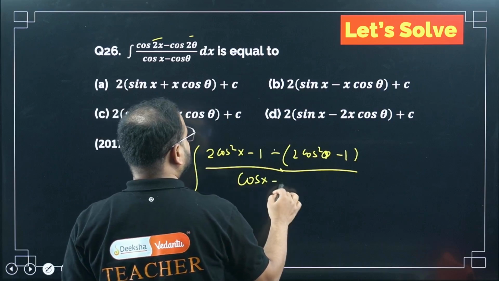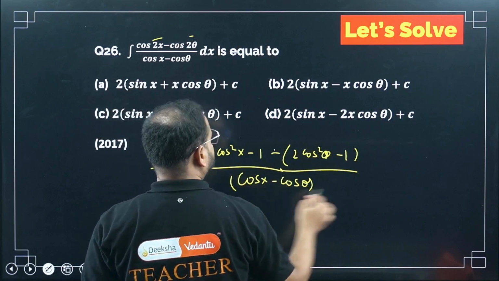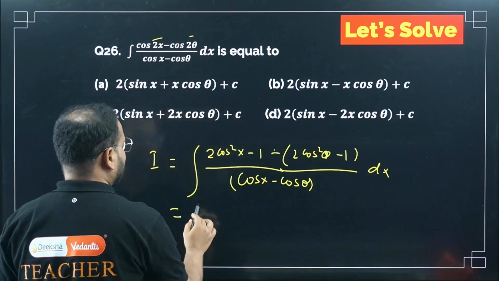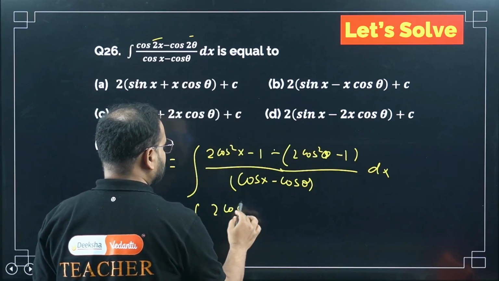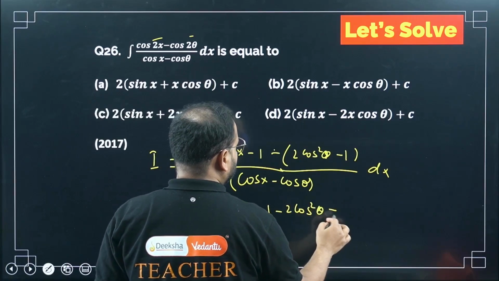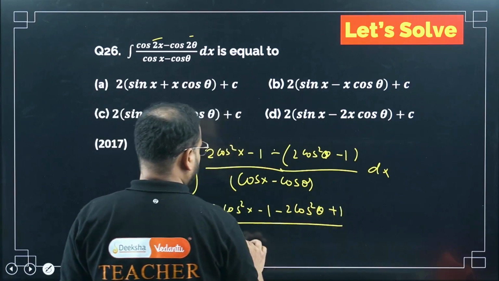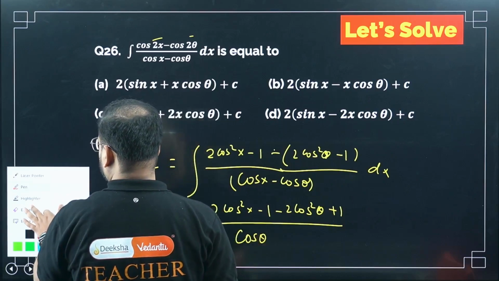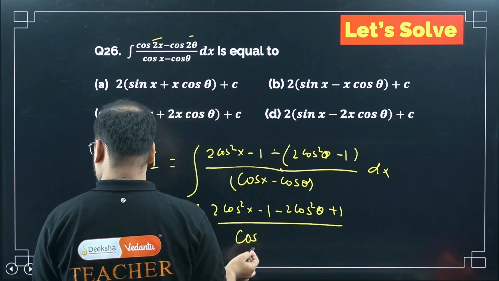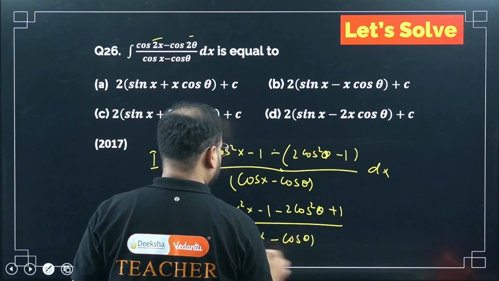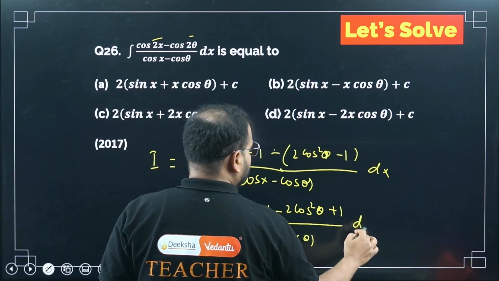This will remain as it is. So cos x minus cos theta, please have a look, with dx. Once again, I get 2 cos square x minus 1 minus 2 cos square theta plus 1, upon this, which will remain the same: cos x minus cos theta, dx.